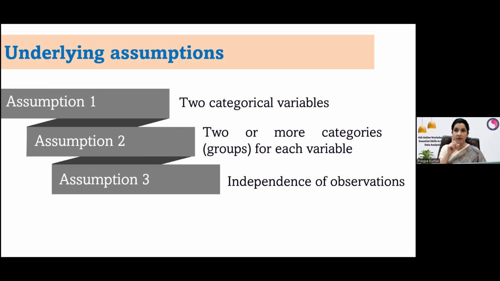That means if I have counted that individual once in my study, because it's a cross-sectional study, then I'm not going to count that woman or that participant again. Or I will not take anyone who is related to each other. That is what we mean by independence of observation.